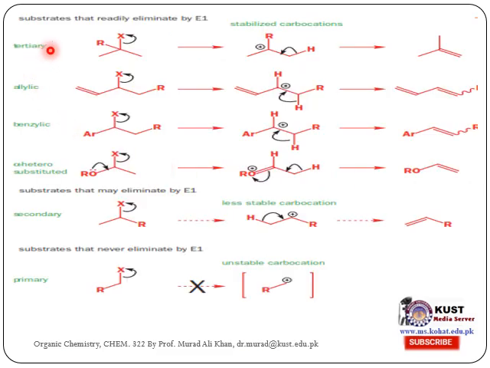Here, these are the substrates that readily eliminate by E1 reaction. Tertiary halide, stabilized carbocations, and we would get an elimination product.